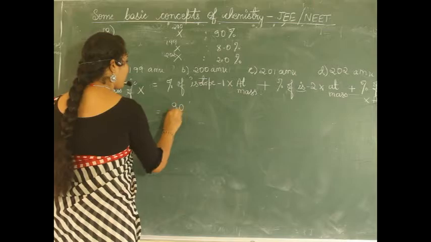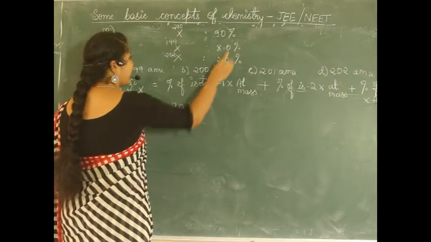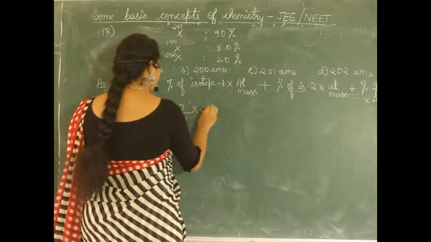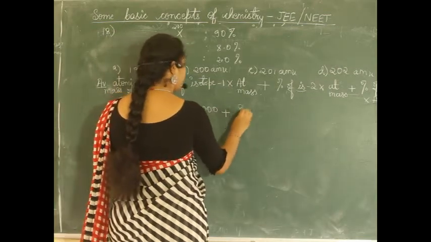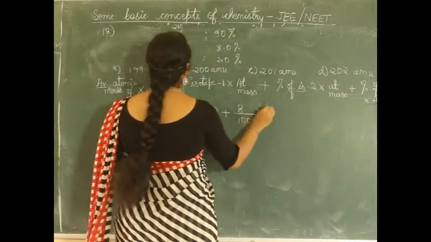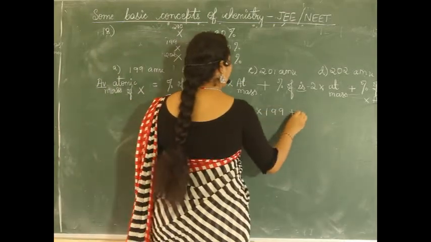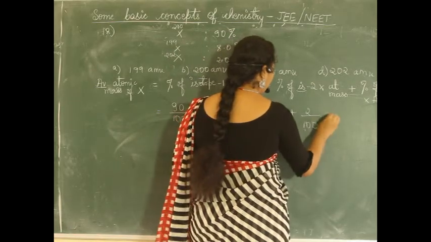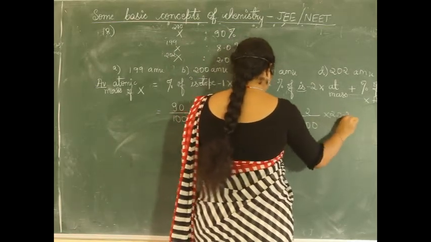So 90% means 90 divided by 100 into atomic mass 200, plus 8% into 199, plus 2 by 100 into 202.